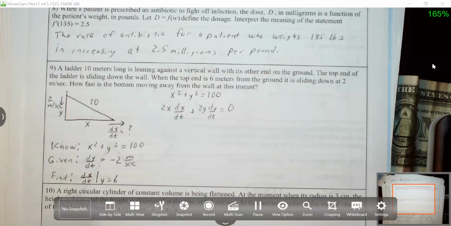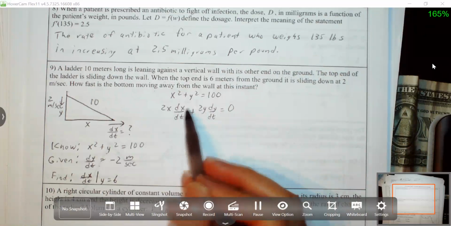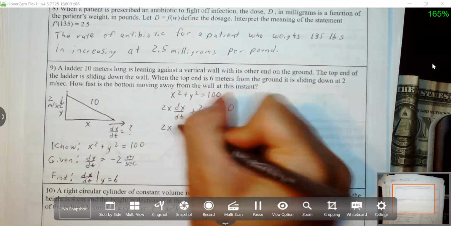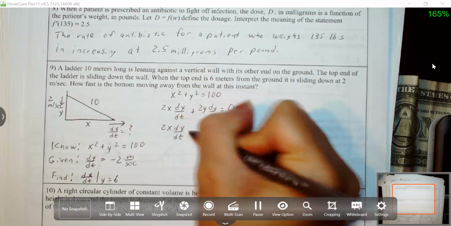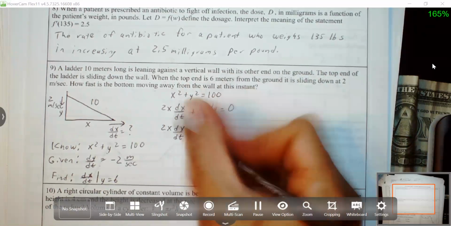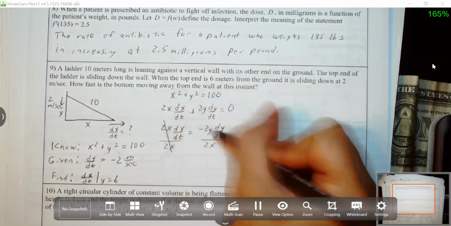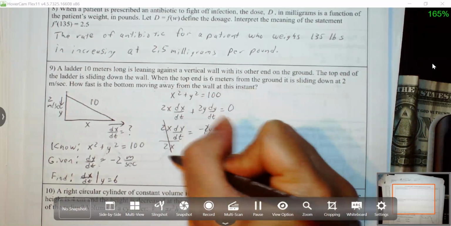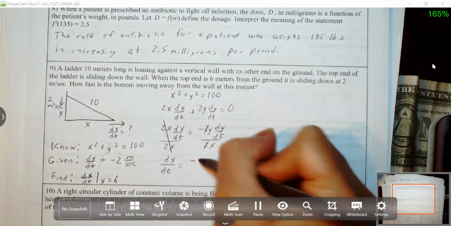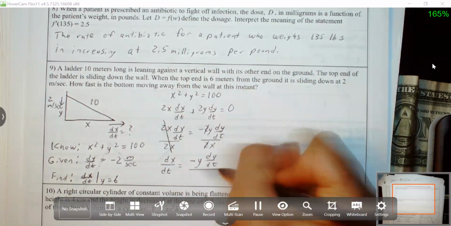And we want to find dx/dt, so I'm going to go ahead and solve for dx/dt. So I have 2x dx/dt is equal to negative 2y dy/dt. Divide everything by 2x. And so I know dx/dt is equal to negative y dy/dt all over x.